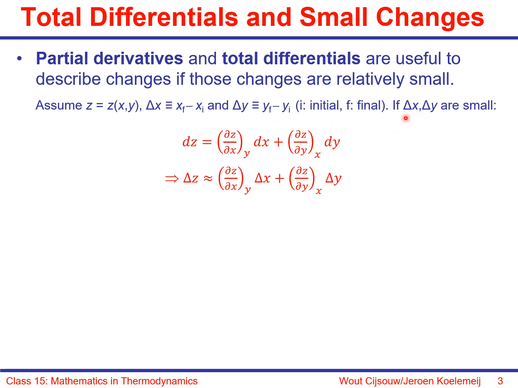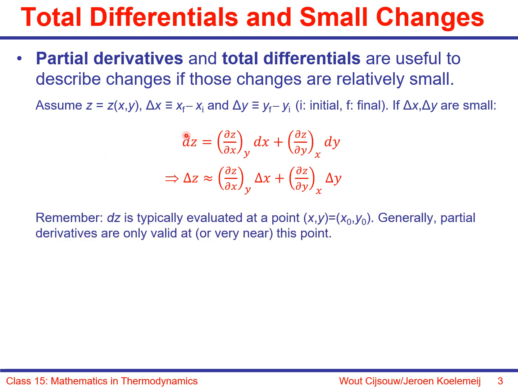Now, if delta x and delta y are sufficiently small, then we can take the expression for the total derivative and replace the dz with the delta z, the dx with the delta x, and the dy with the delta y to find the change in z because of the change delta x and delta y.